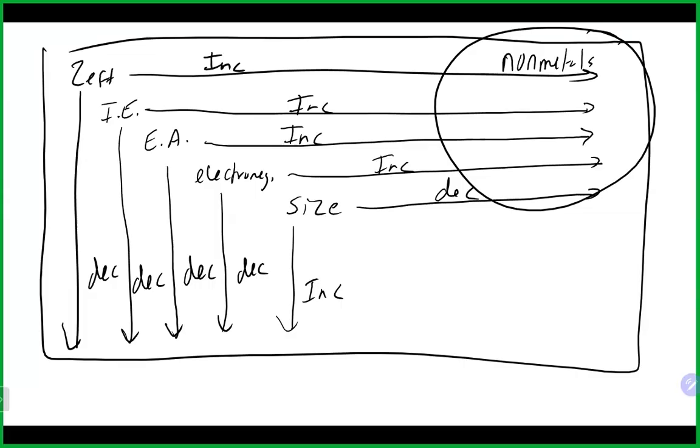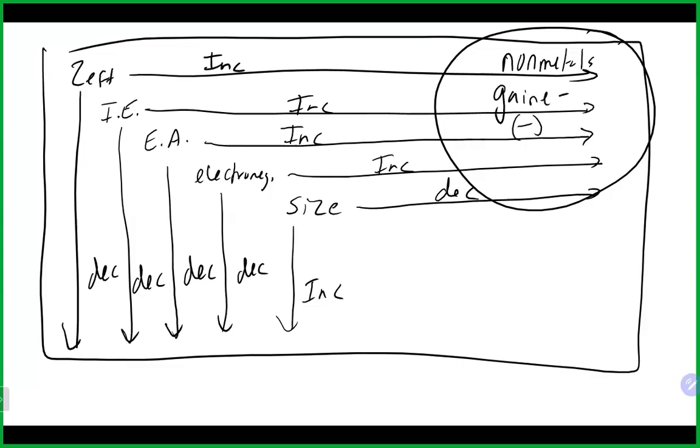They have very high ionization energy, which means you have to put a ton of energy in to try to rip out an electron from them, and it's not going to happen. They have very high electron affinity, which means they're very good at accepting electrons. And they have high electronegativity, which means they're very good at not only keeping their electrons, but taking somebody else's electrons.